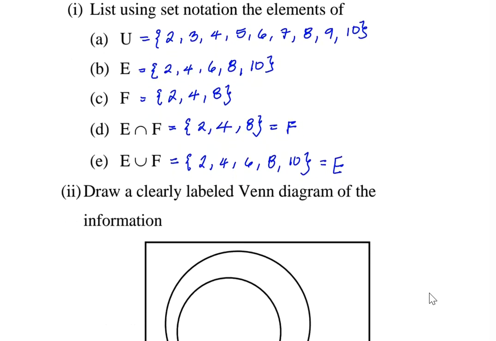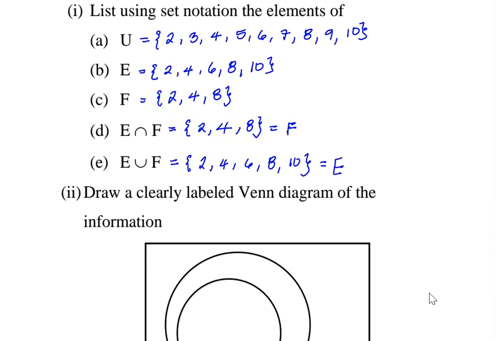The information that we're talking about is U, E, and F. Before we start drawing, it is important to note that all the elements of F are also elements of E. All the elements of F are also elements in E, and there are elements in E which are not in F. In such a situation, we say that F is a subset of E.